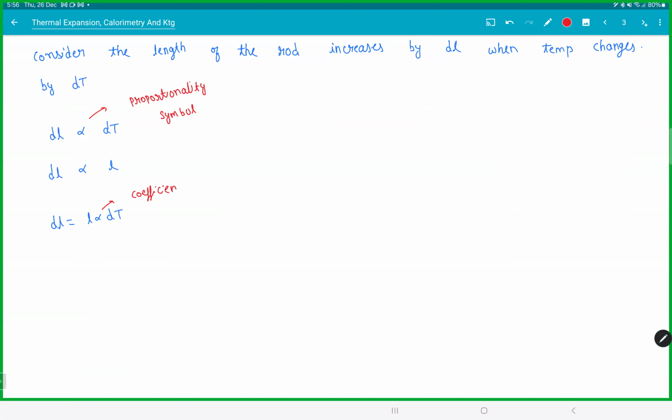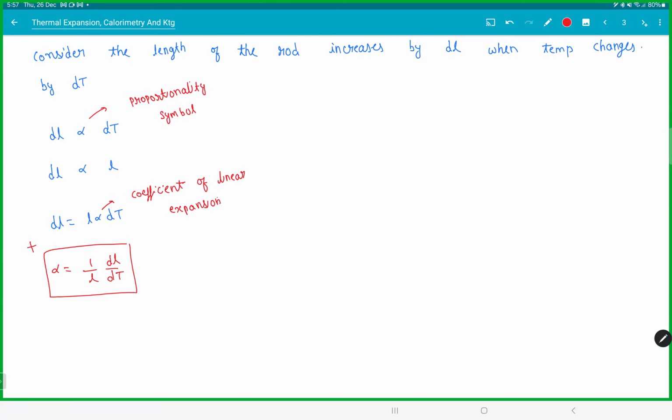Unfortunately, both of them look the same, so be careful what you're writing there. So we can define alpha as 1 by L dL by dT. What this tells you is the change in length per unit temperature. So we call it the coefficient of linear expansion.